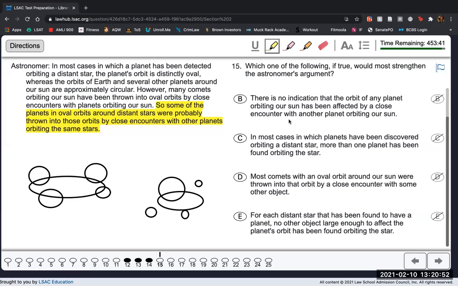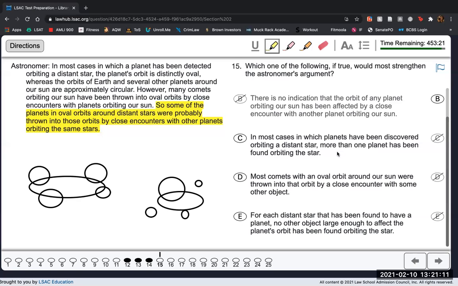So some of the planets in oval orbits were probably thrown. They're saying it's possible, not the only thing that's happening. So B is just a little too strong for us, and it doesn't really impact our conclusion.